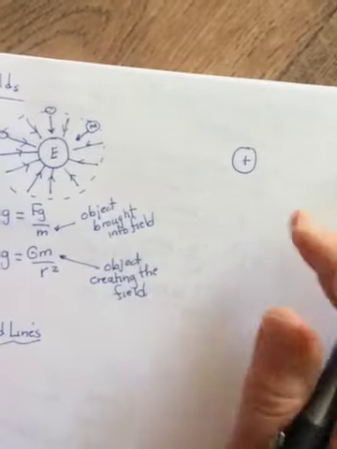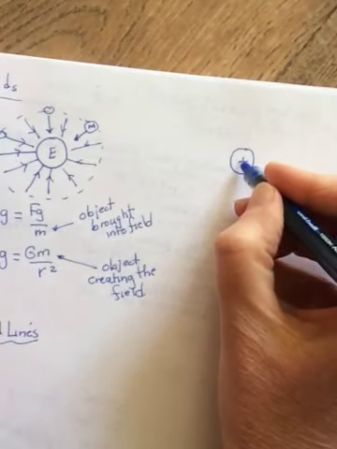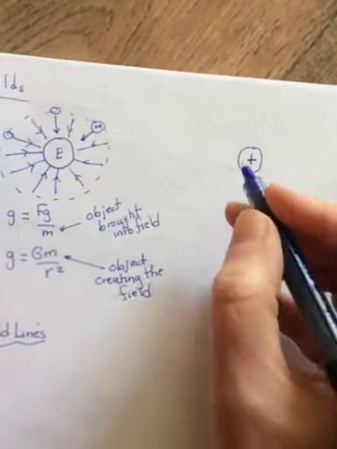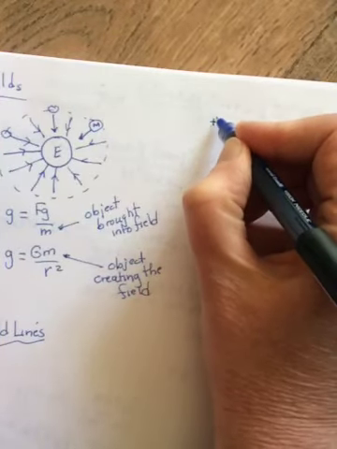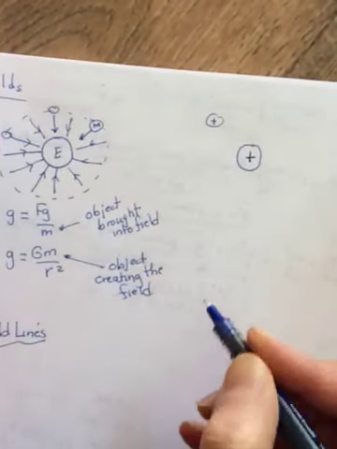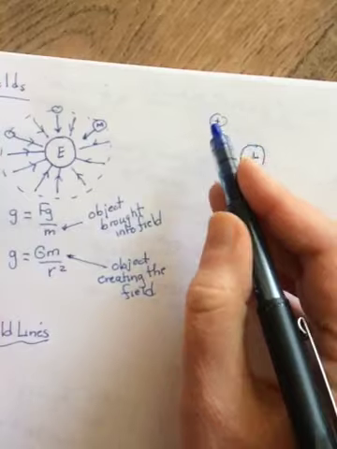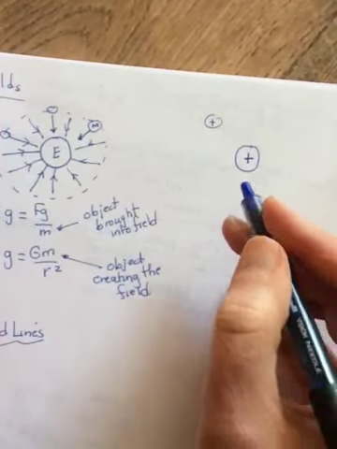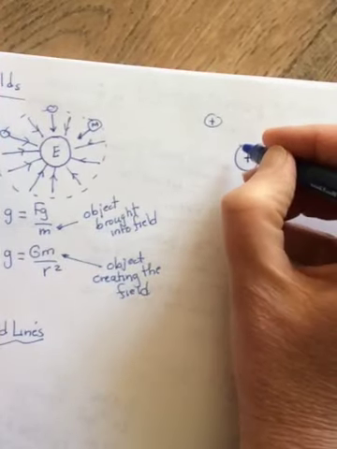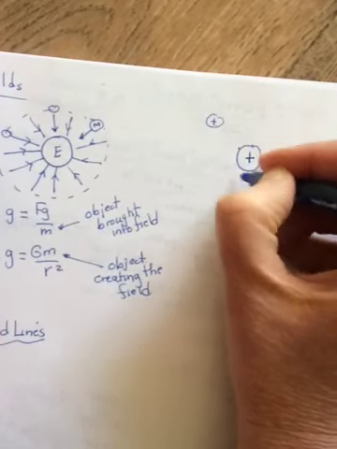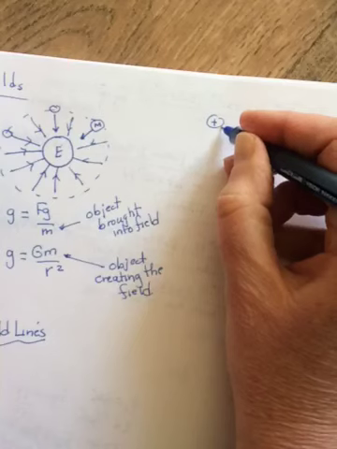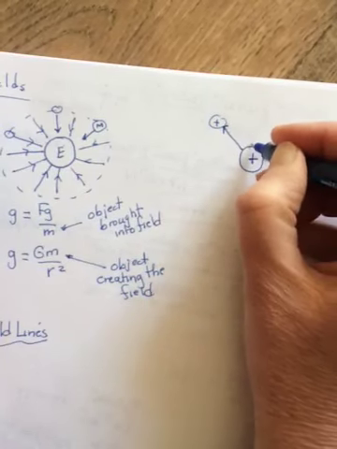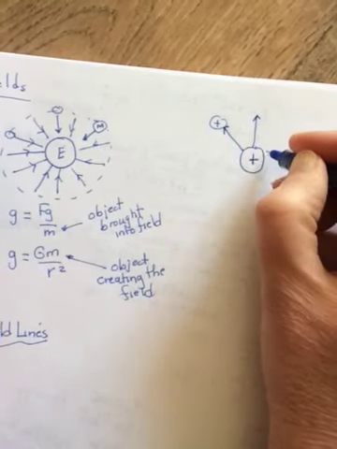So now let's go back to electric fields. For electric fields then, here's my positive charge. And if I have another little tiny positive charge out here, then I can figure out what the direction of the field lines would look like. The one that's setting up the field is not going to like the one I'm bringing in, and so it's going to push it away.